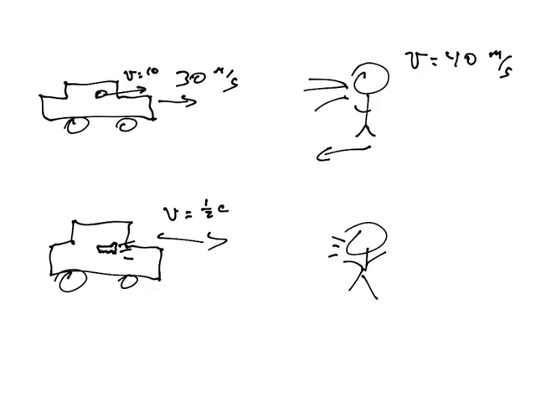So the car's coming at him already at half the speed of light, and then the person turns on the flashlight. Well, one would imagine when you measure the speed of the light, it would be however fast light travels, which is c, plus however fast the car was already moving, just like in this case. However, that's not what happens. When this person measures the light, they only see it coming at them at c, regardless of how fast the car is moving.